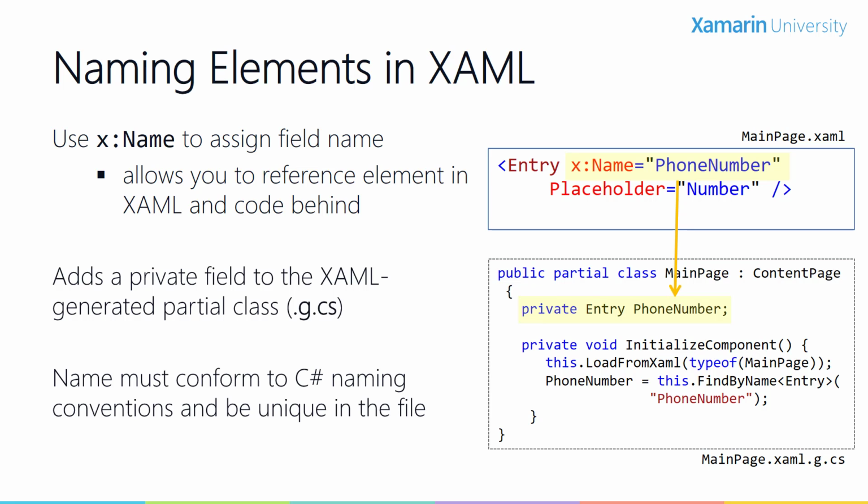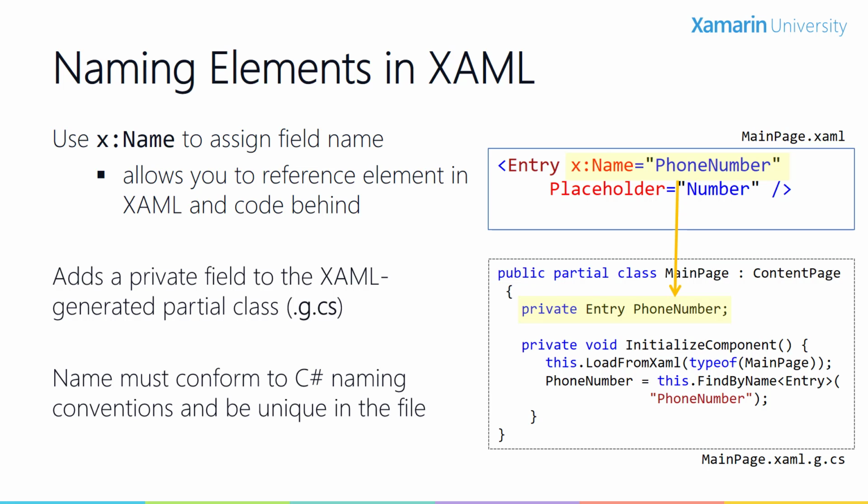Now, when you give a control a name, it creates a field that represents that name. So we called our entry phone number, and it created a field of type entry called phone number. However, notice where this field is defined. It's being defined in a .xaml.g.cs file.